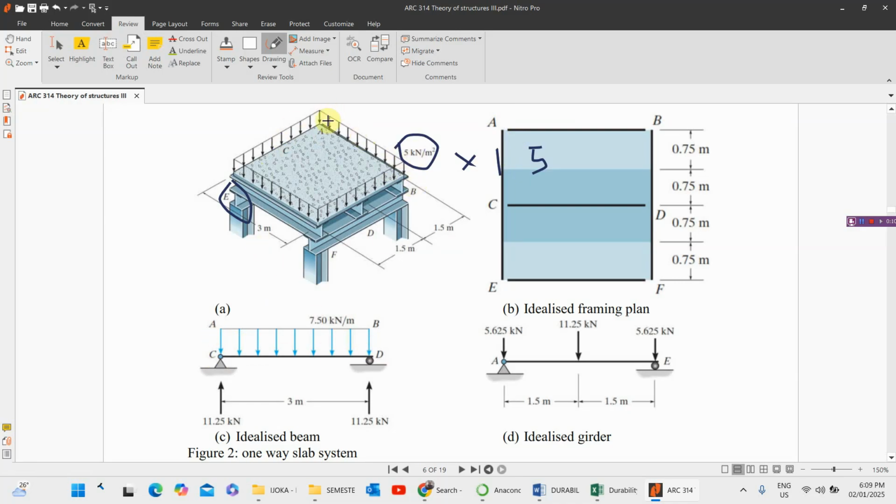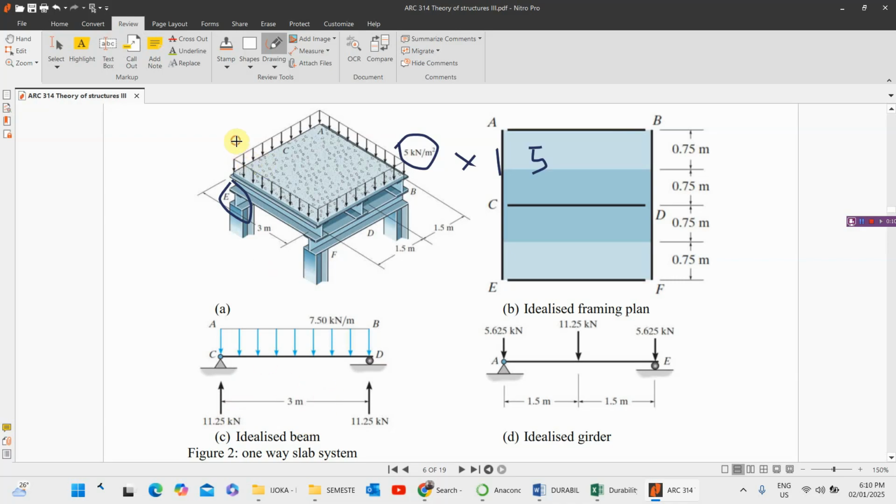The same condition that applies to AB is applicable to EF. So for this particular one, we multiply that 3.75 by 3 meters. 3.75 times 3 gives us 11.25. That is, the total load will be 11.25 if we are considering beam AB. So if we have 11.25 total load, what load will be carried here will be 11.25 divided by 2, which is equal to 5.625.